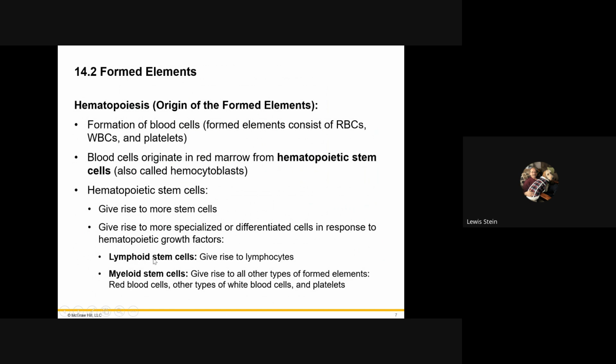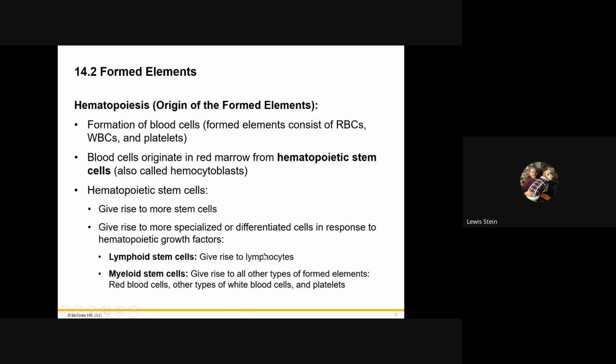The lymphoid line is lymphocytes and monocytes, and the myeloid line is everything else: red cells, all the other white cells, platelets, etc. They named it because of the lymphocytes, I think, more than anything else. But the reality is, what these cells have in common is that when they stain, they have visible staining granules.